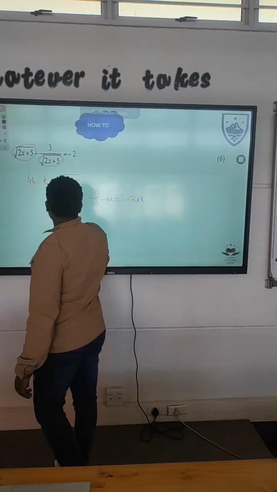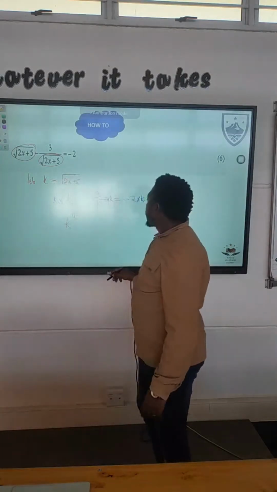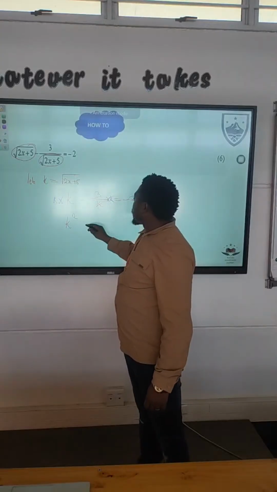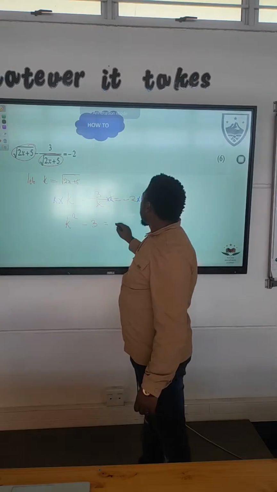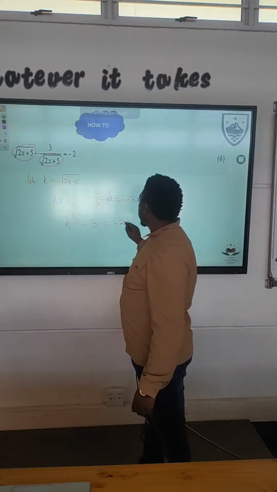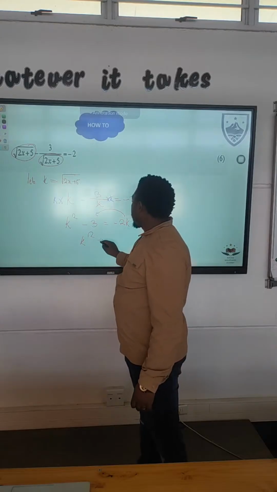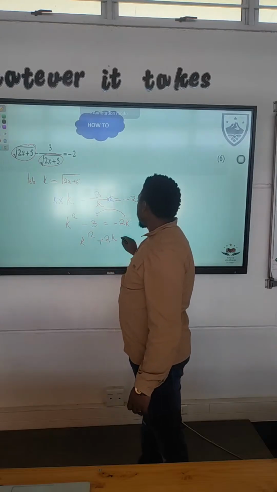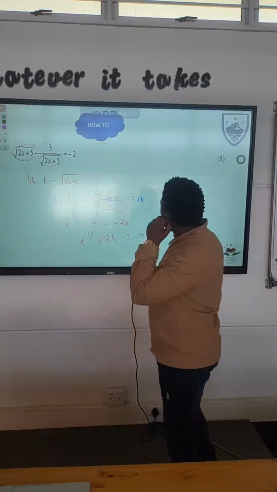So I will now have k squared. The k will be gone because that's what I was trying to achieve, minus 3, and then negative 2k. Then transpose this to the other side, I will have a k squared, a positive 2k, and then a minus 3 being equals to 0.